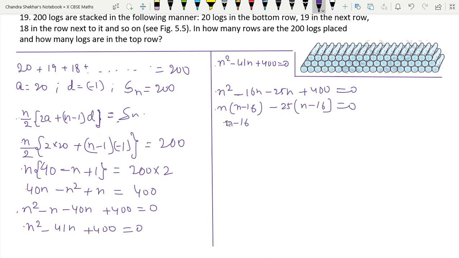So n minus 16 and n minus 25 is equal to 0. So we got n is equal to 16 and n is equal to 25.